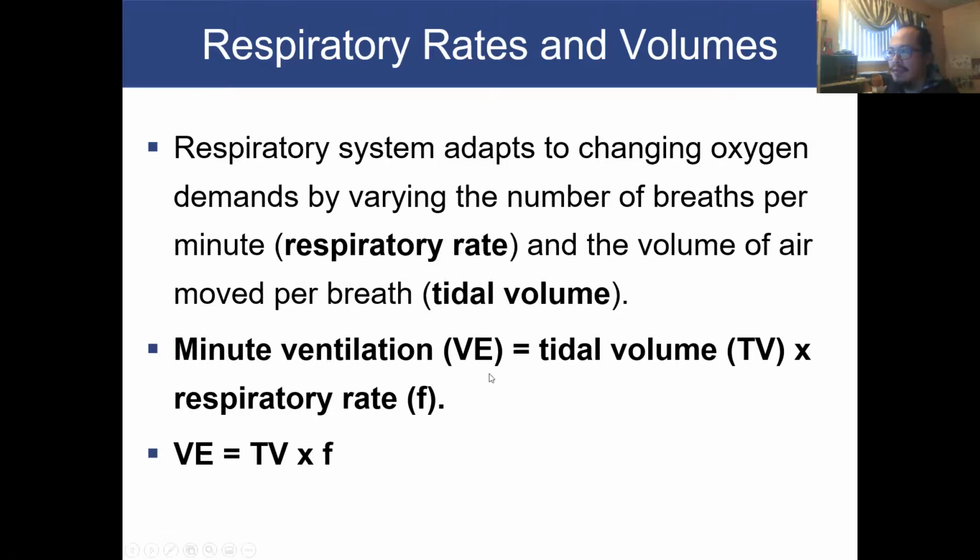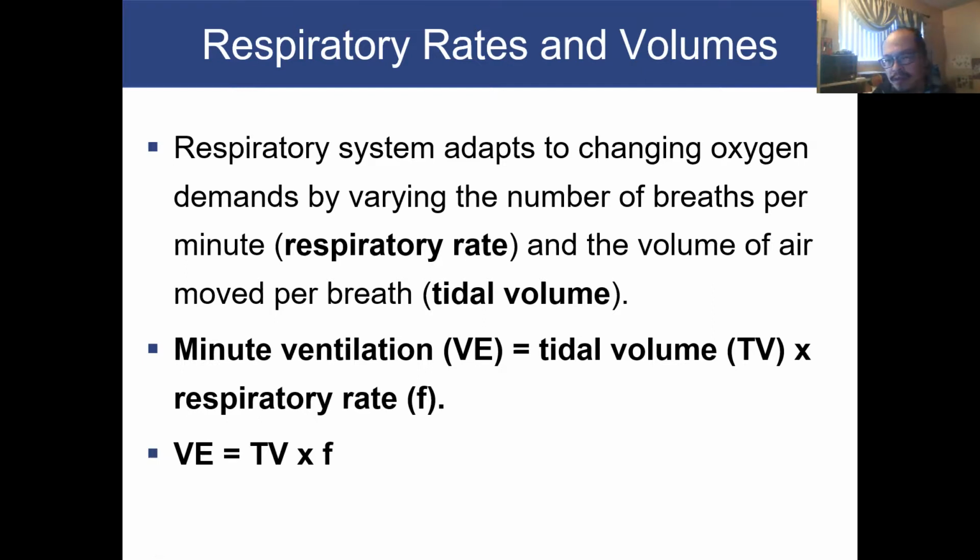We can also have an equation called the minute ventilation. We can increase the speed or increase the amount in order to have higher minute ventilation. The minute ventilation equals the tidal volume times the respiratory rate. So that is an important equation, right?